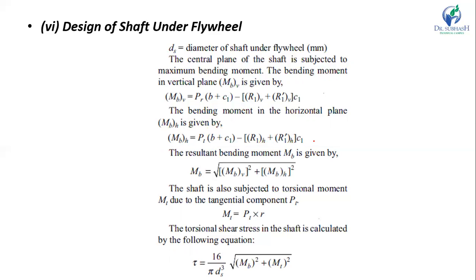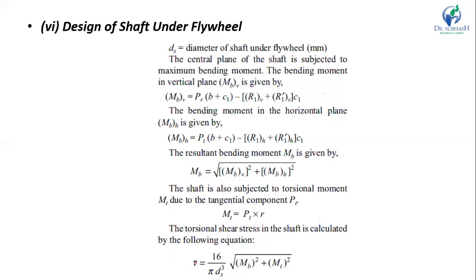From the figure, the resultant bending moment MB is given by root of MBV square plus MBH square. It is also subjected to the torsional moment, so MT is PT into R. Therefore tau is equal to 16 upon pi DS cube into root of MB square plus MT square.